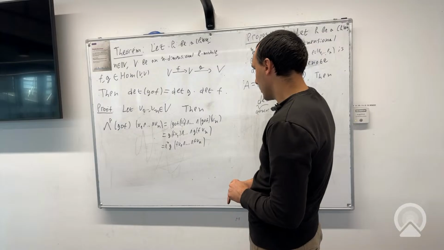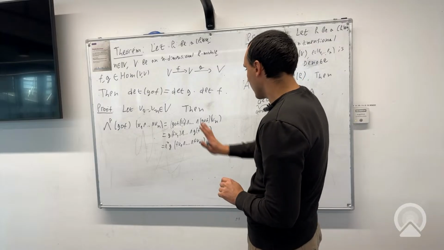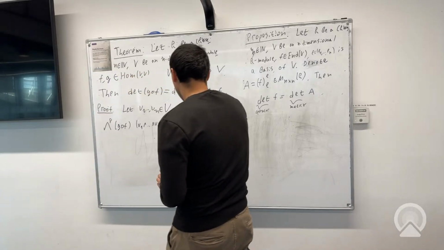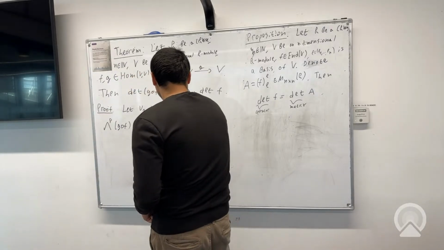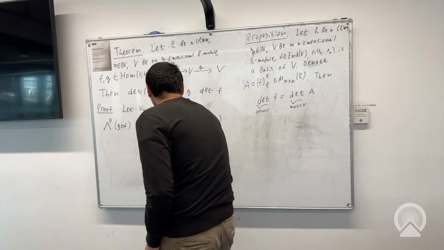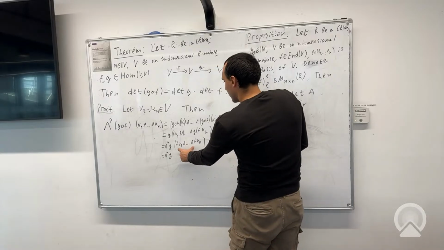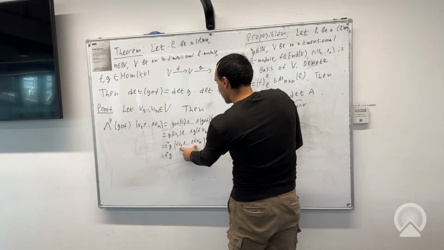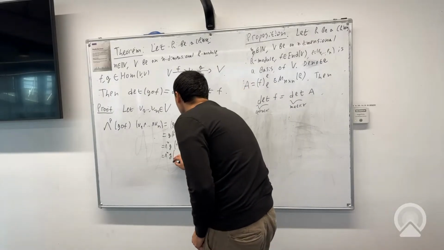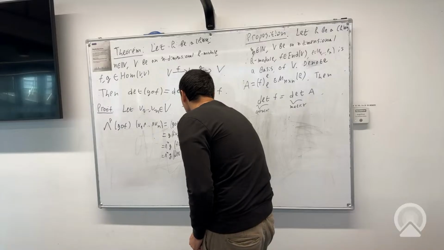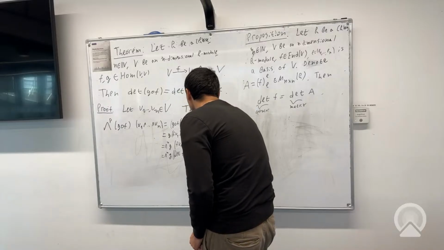Okay. So we have this thing here. Now let's compute this one again. This is lambda n G, and by the definition of determinant, this is the coefficient that comes out. So this is lambda n G, determinant of F times V1 to Vn.